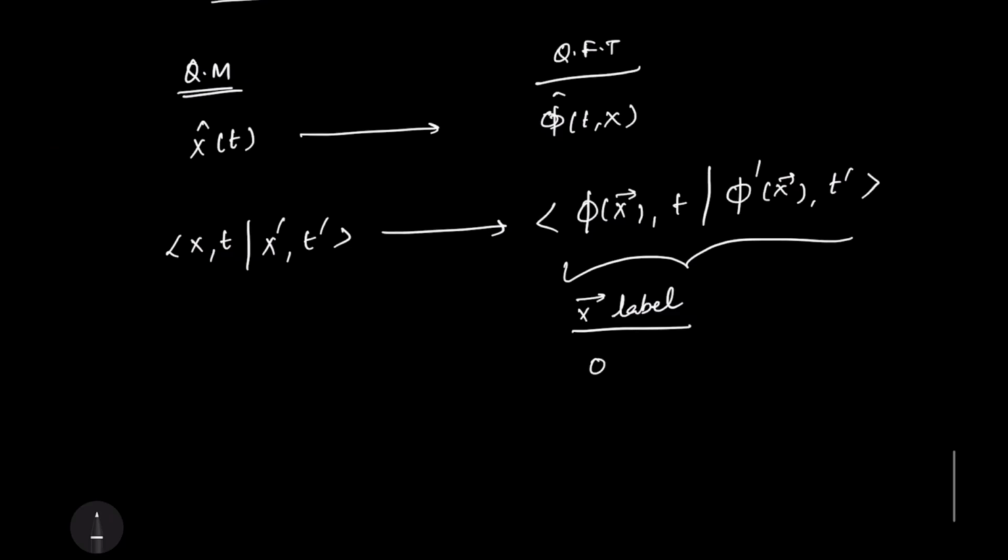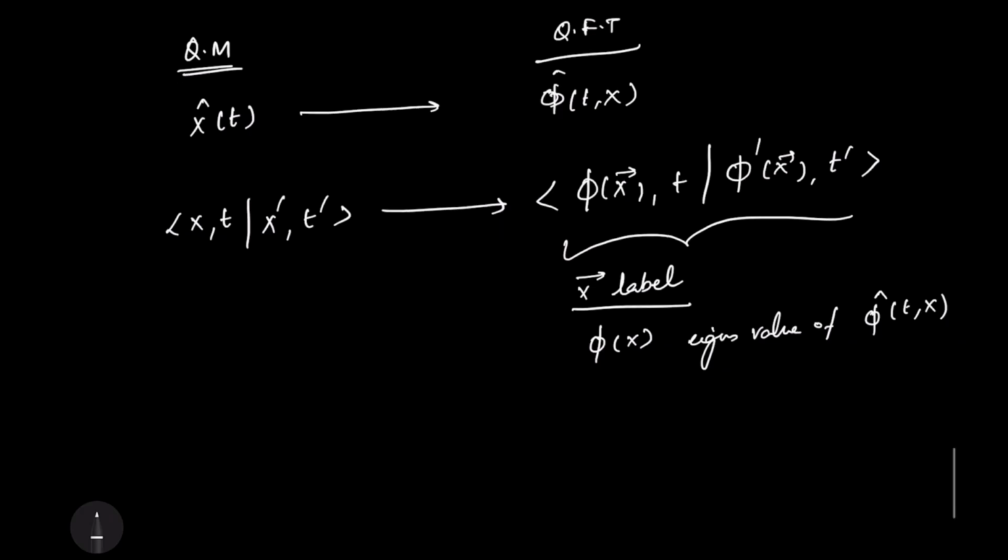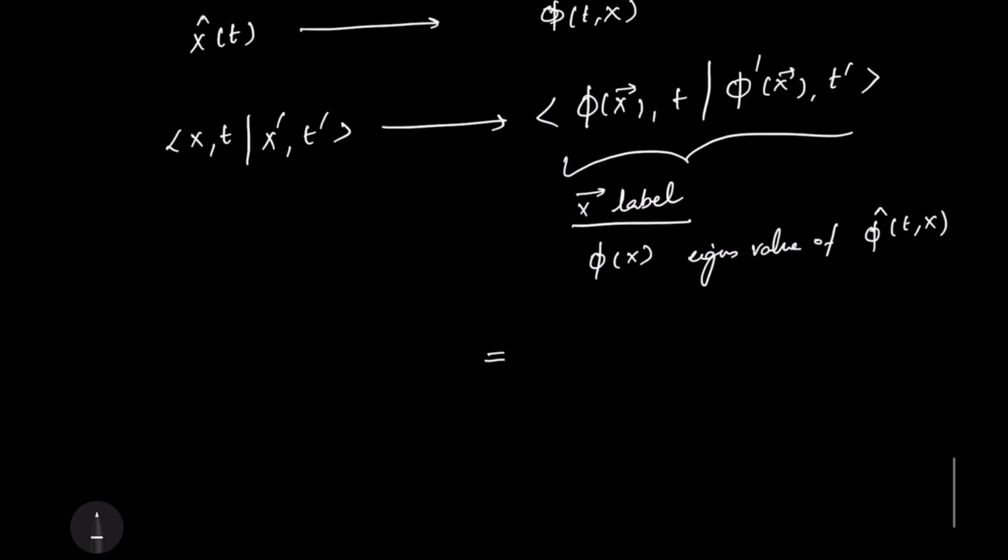Therefore, phi of x is the eigenvalue of the operator phi cap t comma x. Okay, so in terms of position eigenstates in field theory, I can write this as phi of x, e raised to minus i H (t minus t prime), phi prime of x.